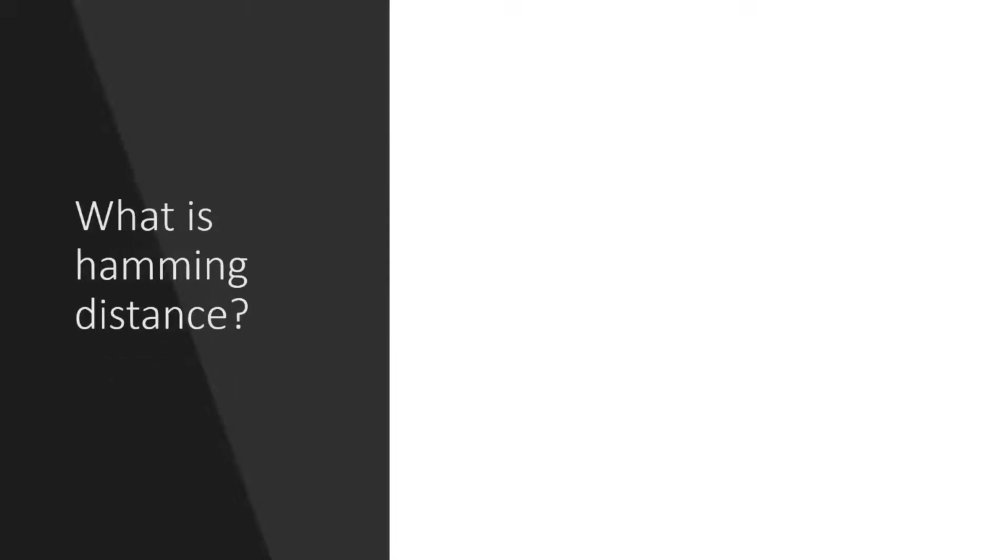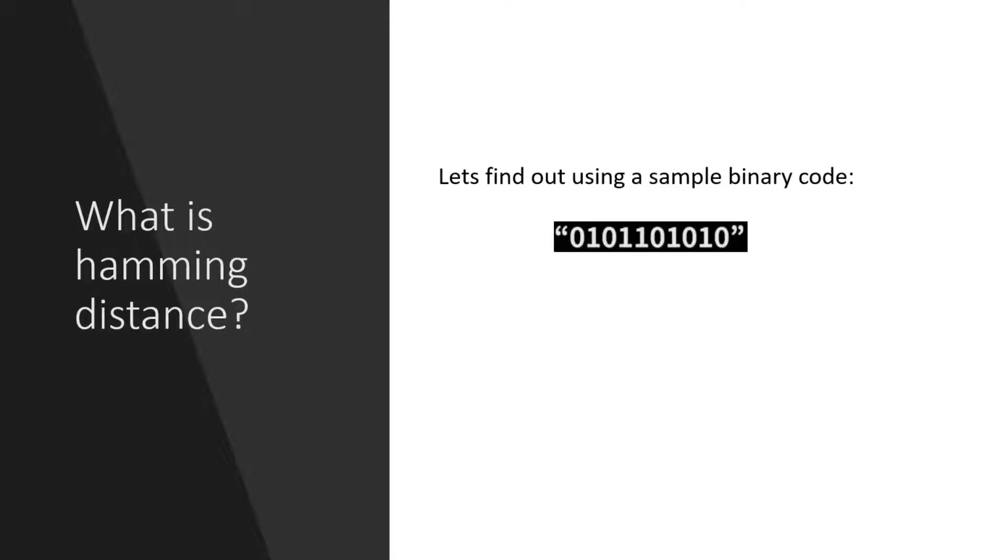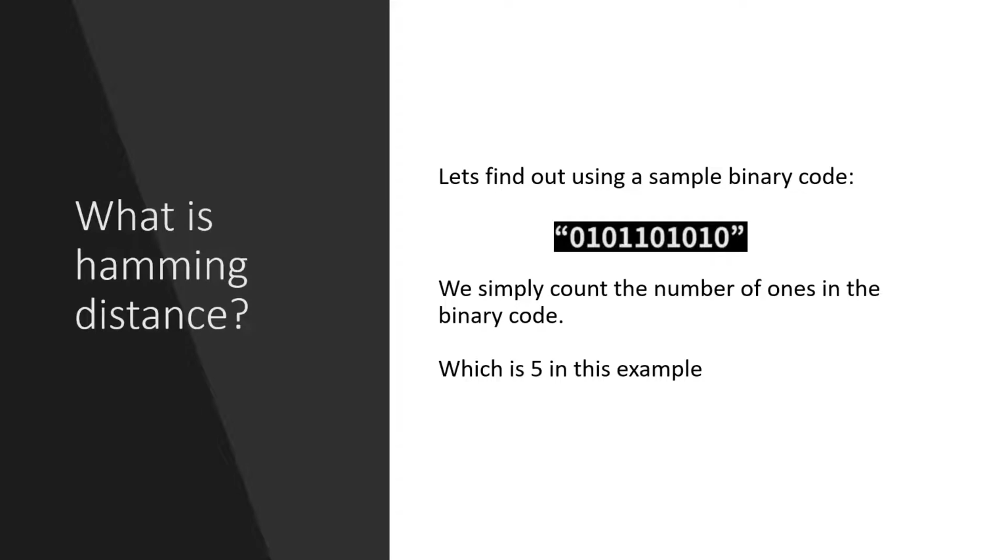So what is this Hamming distance? Let's find out using the sample binary code. As we had looked at earlier, in our sample binary code we simply count the number of ones in this given binary code, which is 5 in this example. This 5 is stored in the form of a vector along with the binary code, and we use it for comparison for identifying the key point.